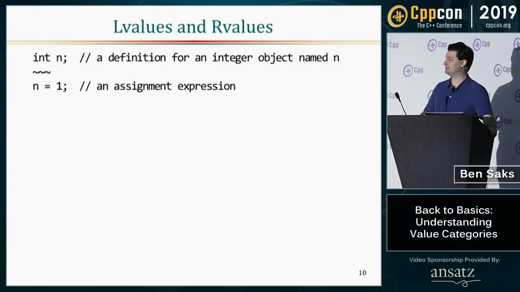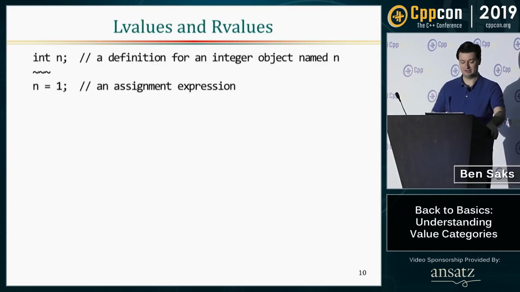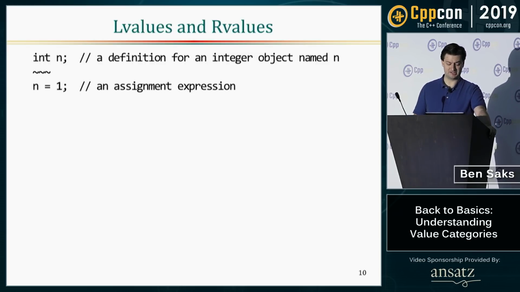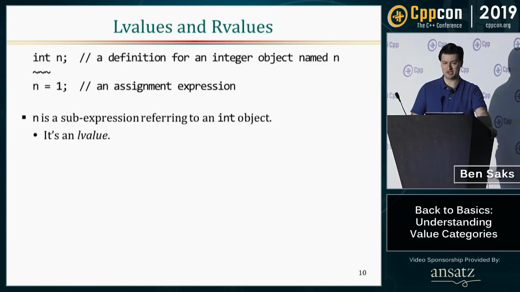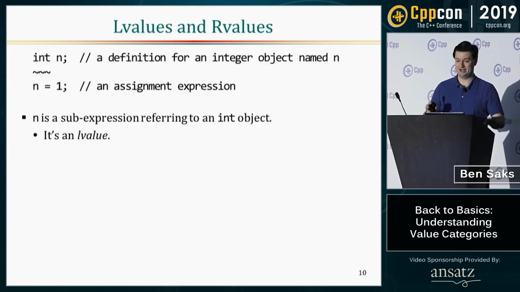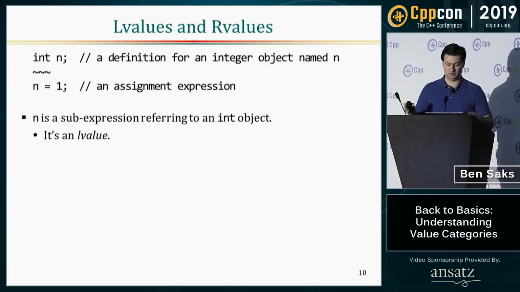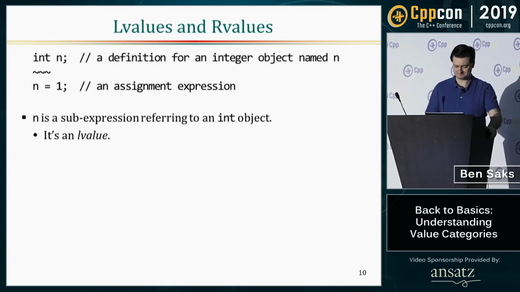So let's take a look at a simple assignment statement here. We have an integer n. We're assigning 1 to that n. So here, there are several expressions in that assignment statement. n is an expression, 1 is an expression, and the whole thing, n equals 1, is also an expression.